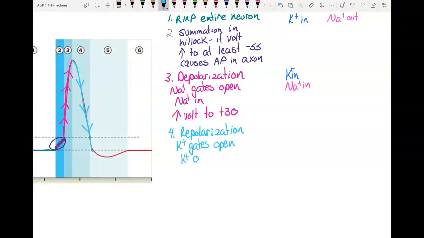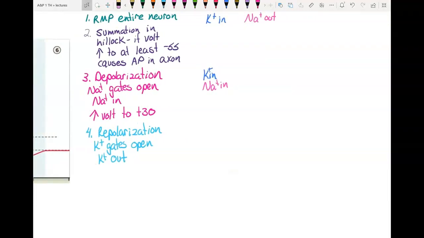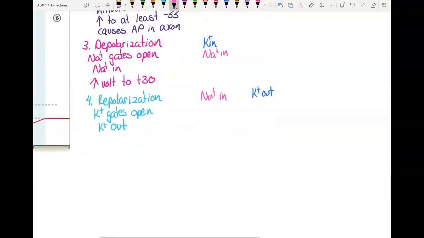And potassium goes out. So now we have our sodium is in and our potassium is out. So because the potassium is going out, a positive ion is leaving, the voltage goes down.